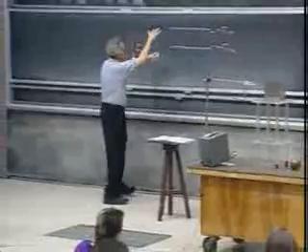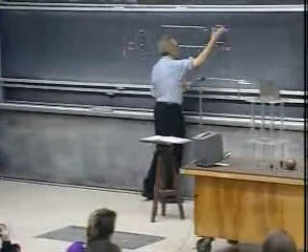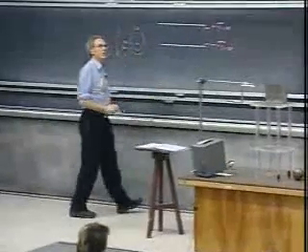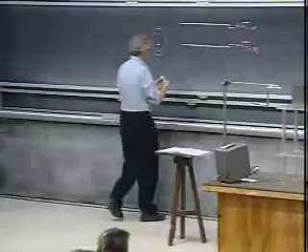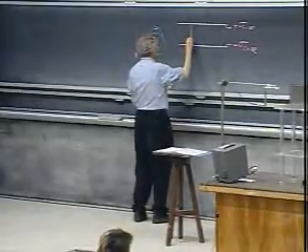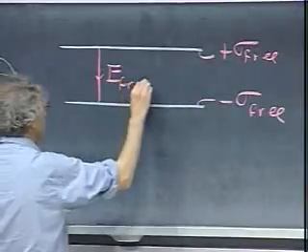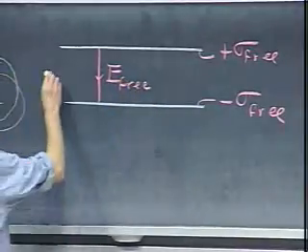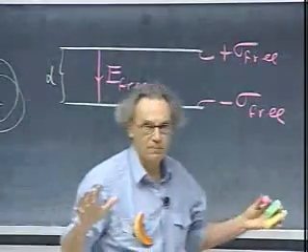So there's a potential difference between the plates, charge flows on there, it has an area A, and sigma free is the charge density, how much charge per unit area. So we're going to get an electric field which runs in this direction, and I call that E free. And the distance between the plates, say, is D.